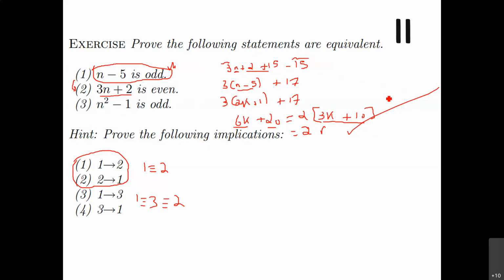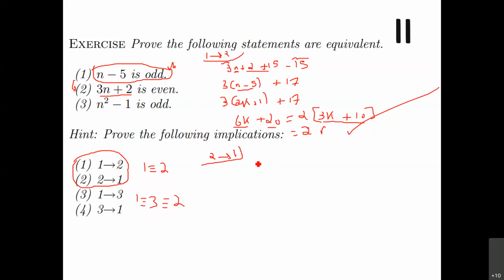Can anybody give me an idea of how to do 2 implies 1? Or I'll give you a hint, because I feel like the direct proof in this case is going to be harder. So this is 1 implies 2. We now want to do 2 implies 1.